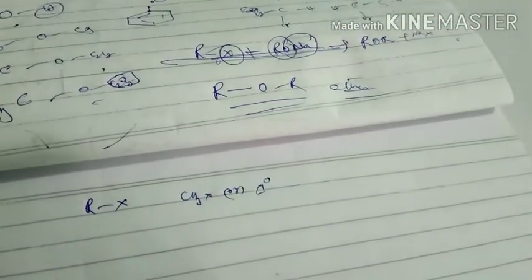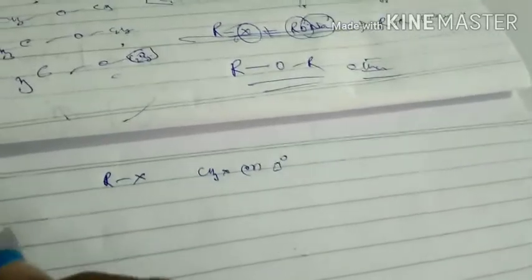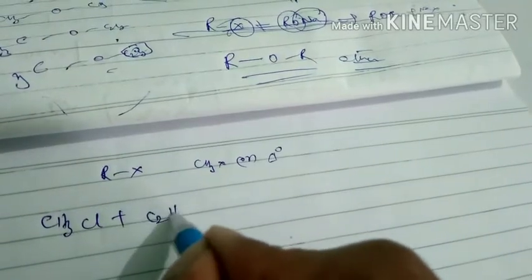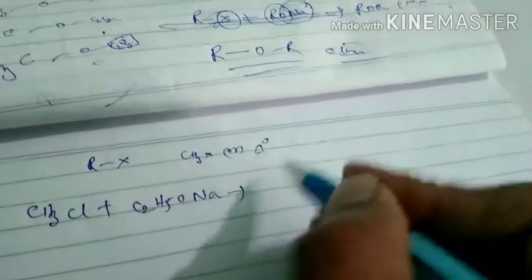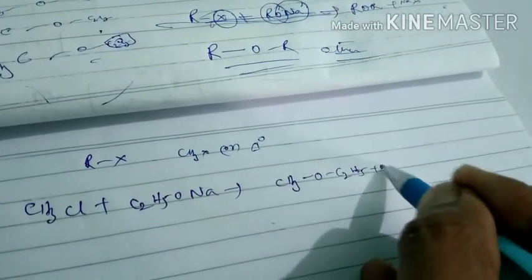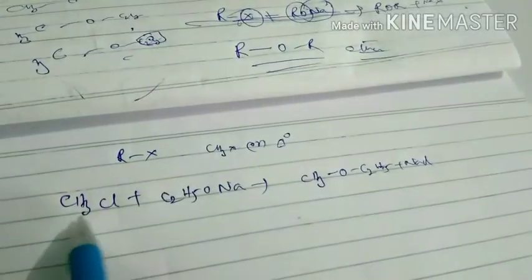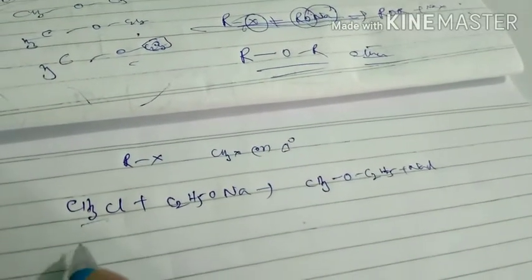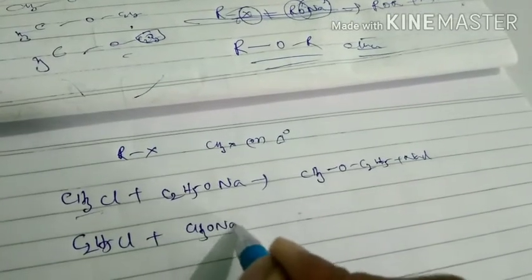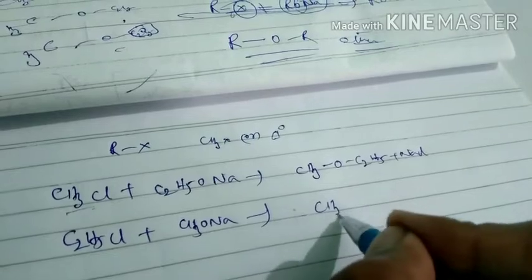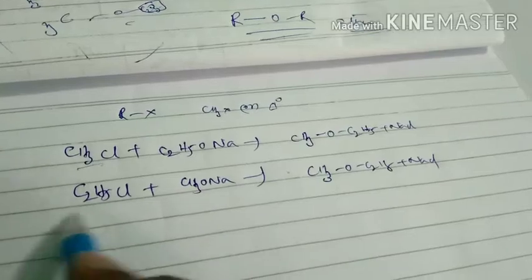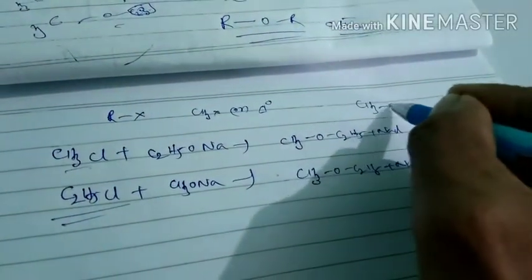Otherwise alkenes are formed. For example, CH3Cl plus C2H5ONa, then we get CH3OC2H5 plus NaCl, because this is methyl halide. Suppose C2H5Cl plus CH3ONa, then we get CH3OC2H5, and we also get the same product, because C2H5Cl is nothing but CH3CH2Cl.